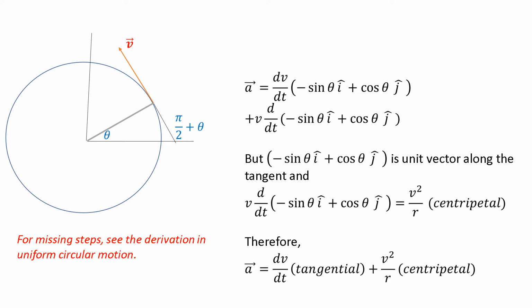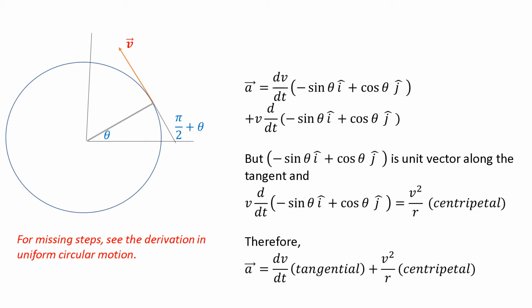Therefore, acceleration has two parts. One is dv by dt in tangential direction and the other is v square by r in centripetal direction. So we find that for a body moving in a non-uniform circular motion, acceleration can be resolved into two components. One is centripetal direction towards the center and the other is tangential direction.